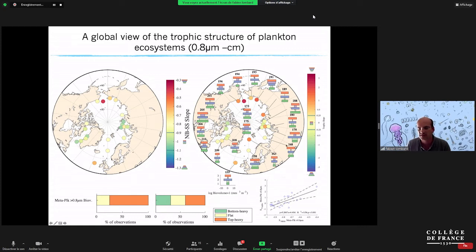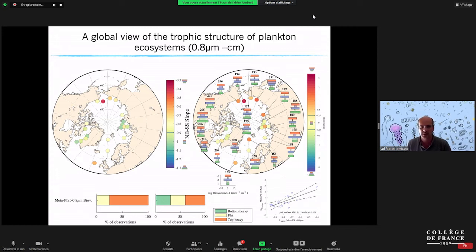The first thing that we see here is that we are looking at the same kind of signal, and both signals are highly correlated. So we confirm that size and trophic structure, at least at the level we are looking at, correlate massively.